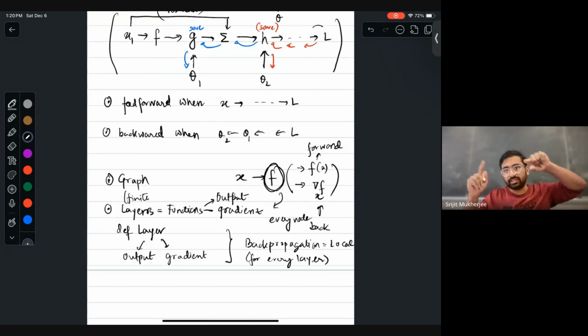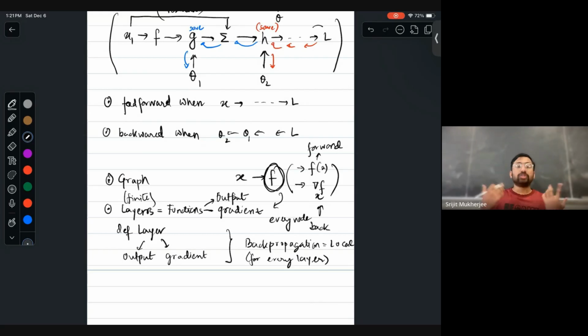And also a loss function. Loss function is also a layer kind of, right? So it's a finite set of layers. So we will try to define it so that it becomes easier. Okay. If we have time, we will try to code it out fully, and we will also learn that. I will pre-compute the derivatives because that's not so important. The important part is how to understand the structure.